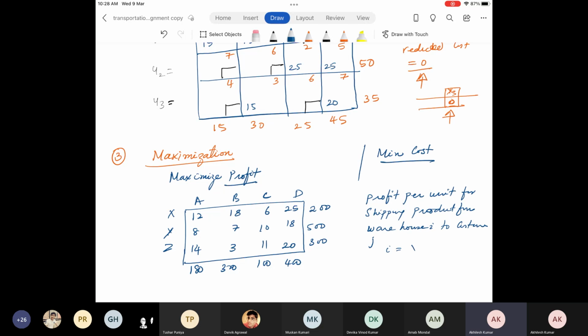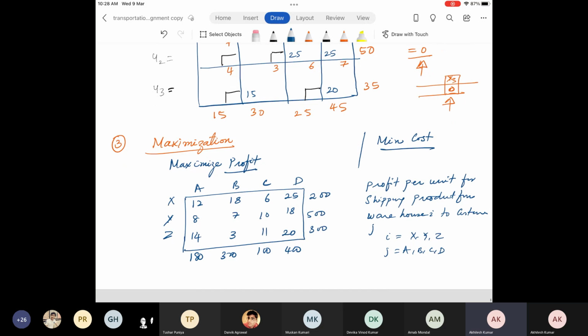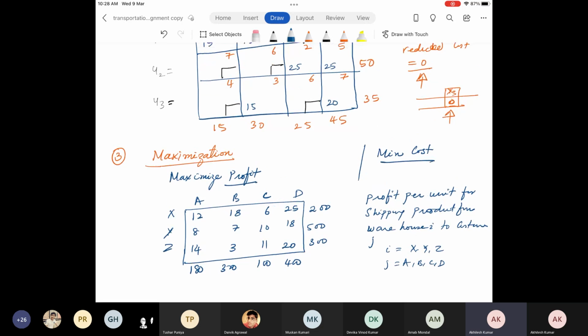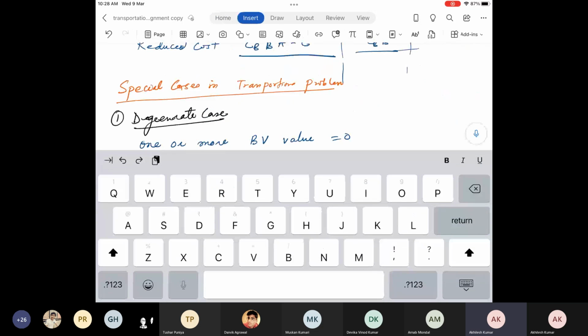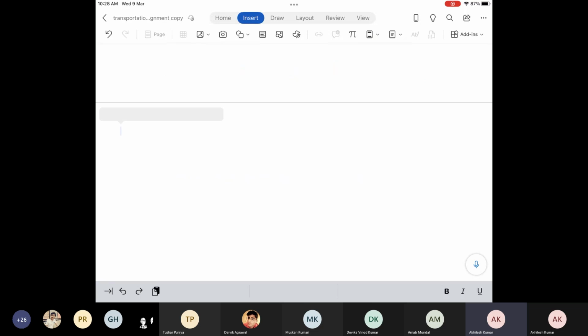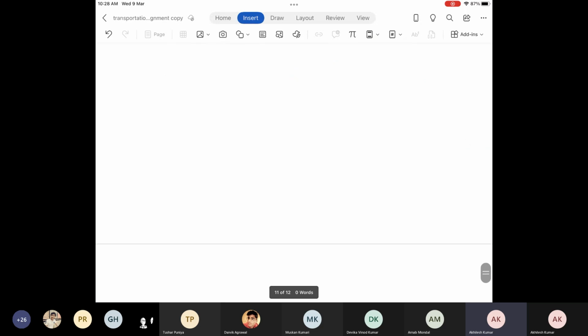I will take the values of X, Y, Z for i, and A, B, C, D for j. What we have learned so far is how to solve the problem of minimization. So the question is, what if we are given a maximization problem instead?